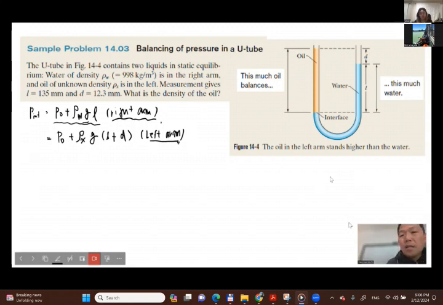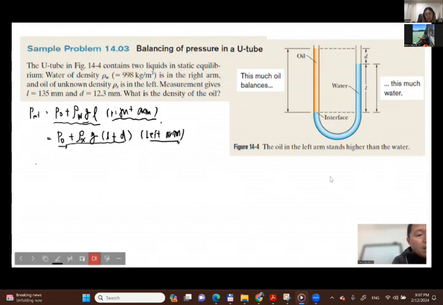As you can see, the height of oil is slightly higher than the water by d, so you have a little more pressure out of that amount of difference. Now from this formula, you can easily derive the expression of rho x in terms of rho w and L and d.